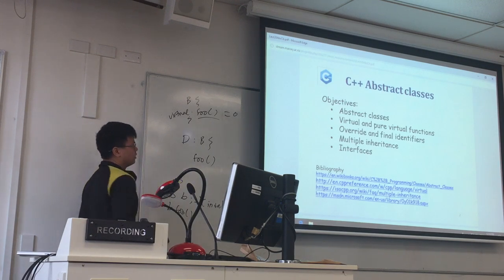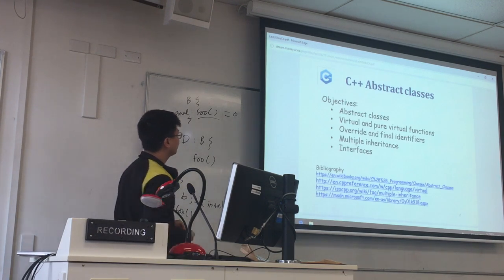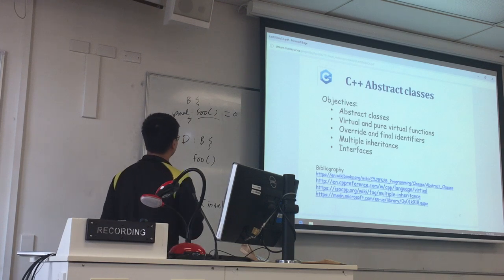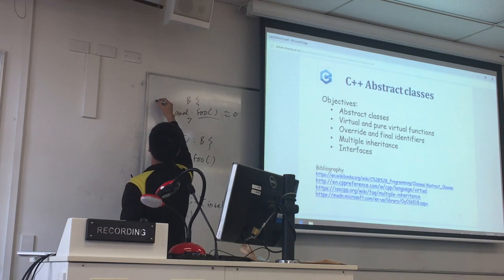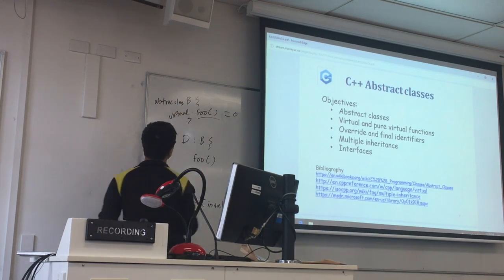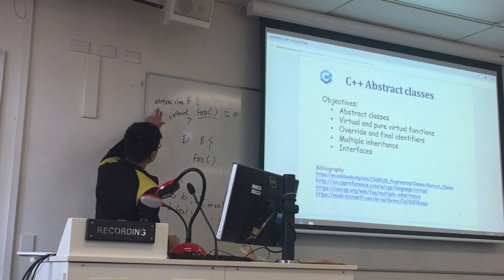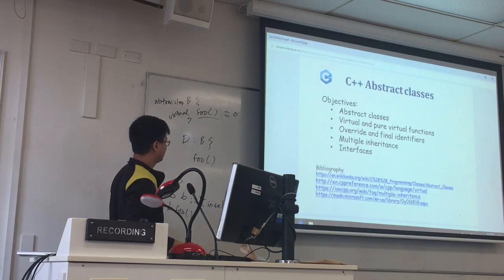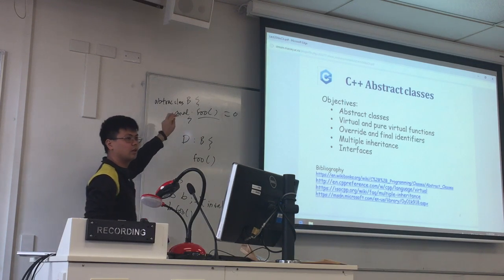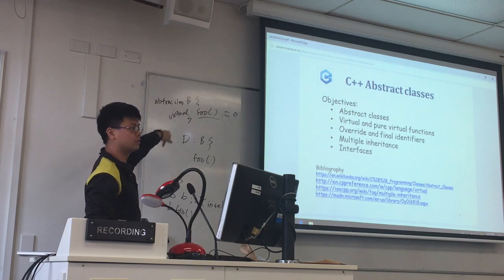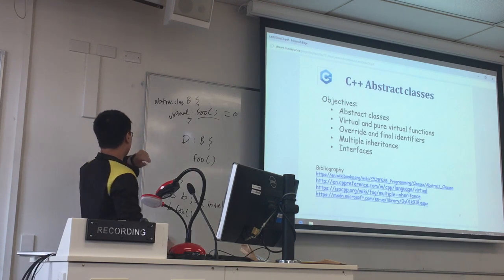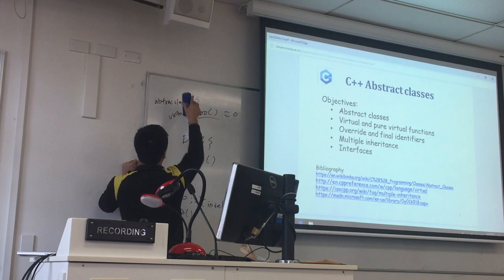So when we come to Java, abstract classes are denoted with a keyword abstract, like abstract class. And if you declare something to be abstract, it cannot be instantiated, even if that class has no pure virtual or has no function at all. But that is Java. I digress.